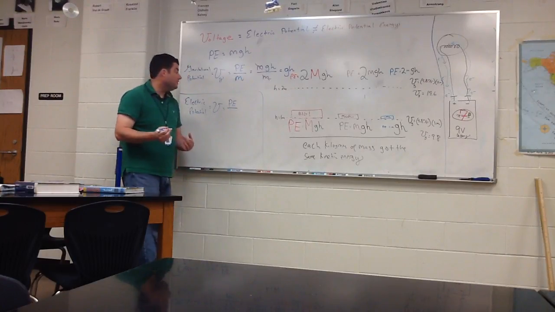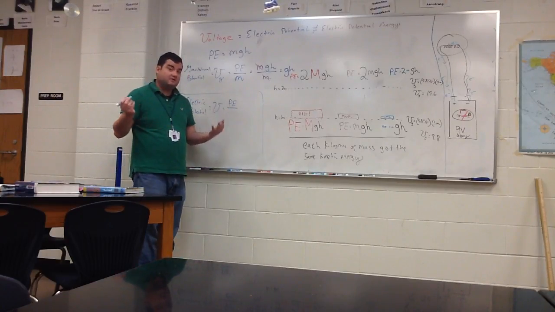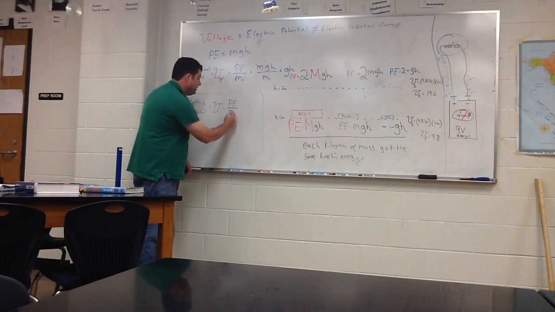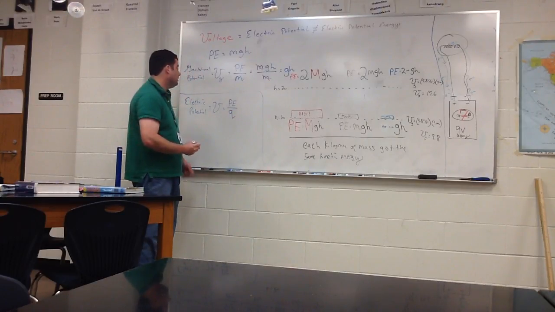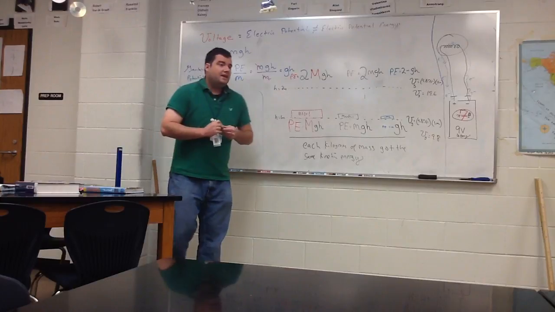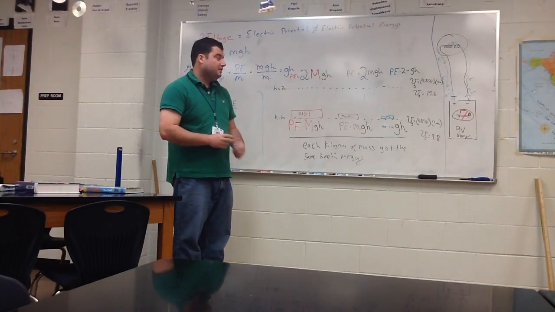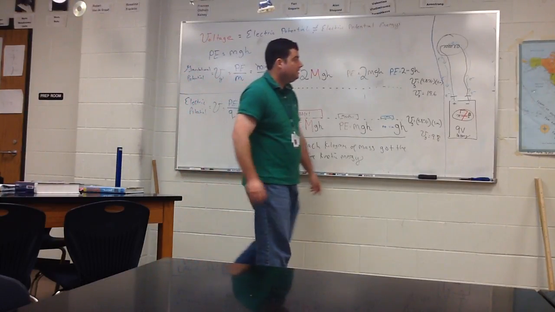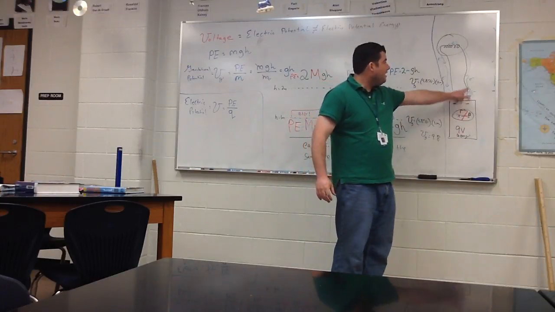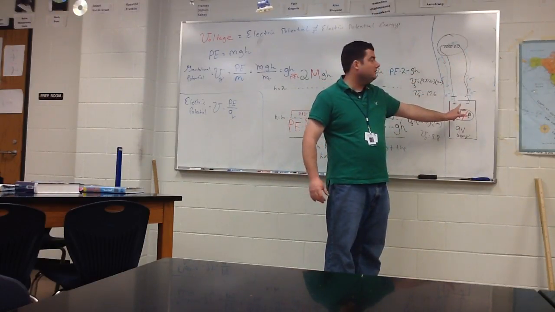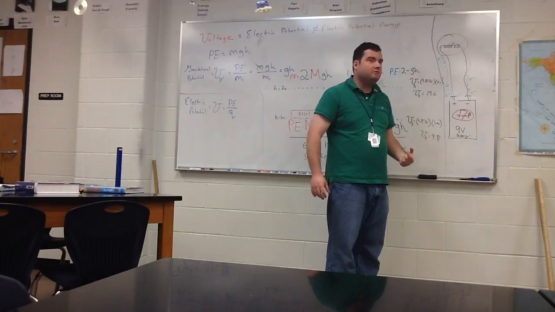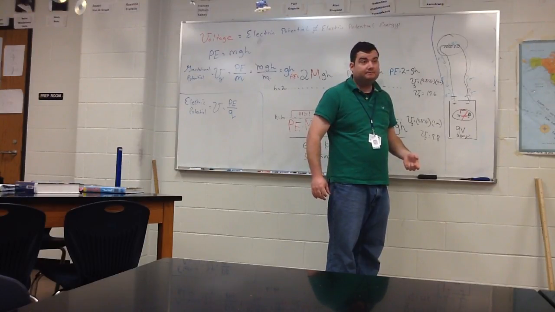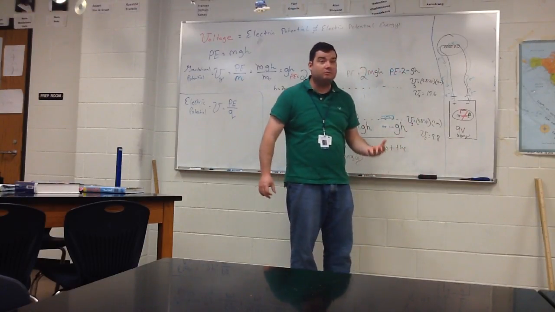But now we're dealing with, instead of mass in electricity, we use charge. So quantity of charge Q. And the reason this is important is that it tells us no matter how many charges flow through here, each of those charges arrives with a certain amount of energy. And that's what you need to make a device work.